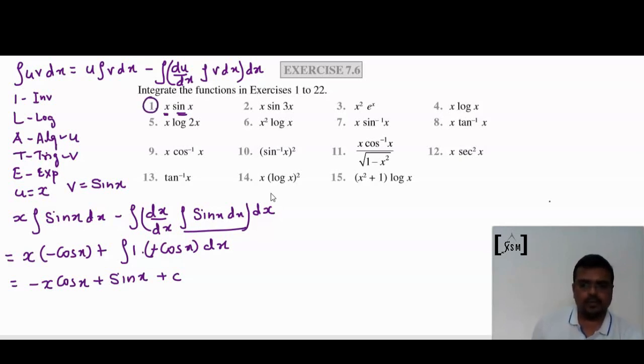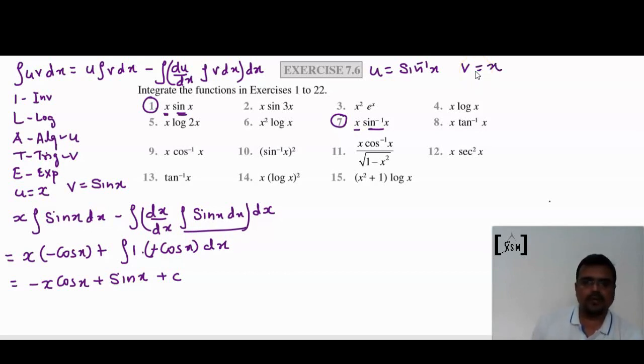Have a look at question number 7. This time it is algebra and inverse. So my inverse function comes first, so I will suppose u as sin inverse x, and algebra comes later, v as x.